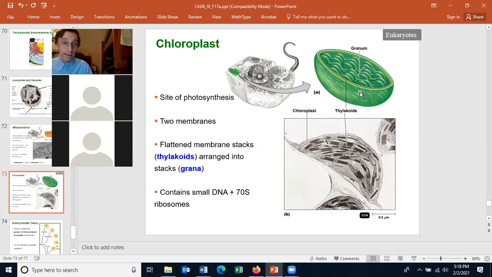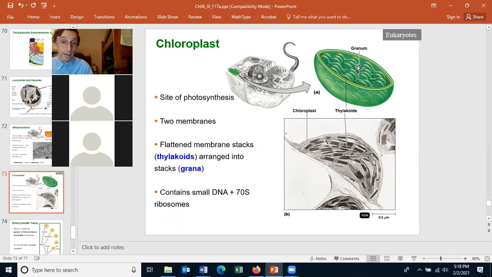And the point is it has flattened membranous stacks that are called the thylakoids, and it's just part of the chloroplast inner membrane. Highly folded, like the mitochondrion, except it's even more folded than the inner membrane of the mitochondria.